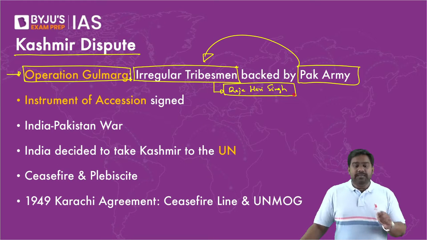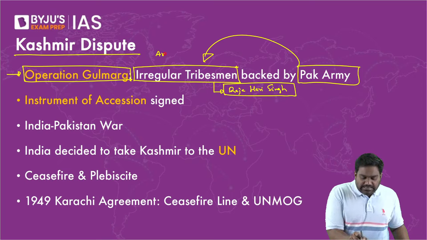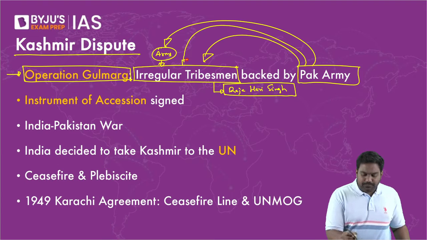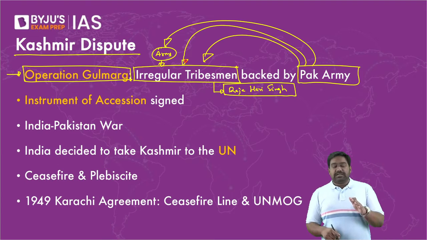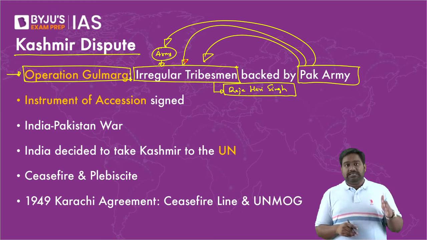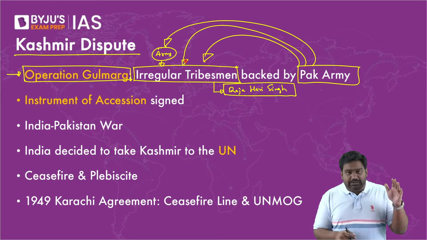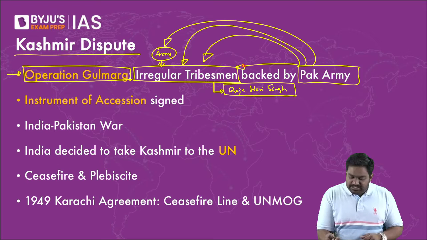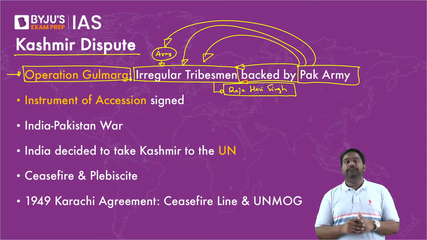So by arming them, by motivating them, and by giving arms to them, the Pakistani army launched a tribal invasion. Pakistan projected this to the world as a tribal invasion carried out by the tribals on their own. In reality, Pakistan was backing them, supporting them secretly.